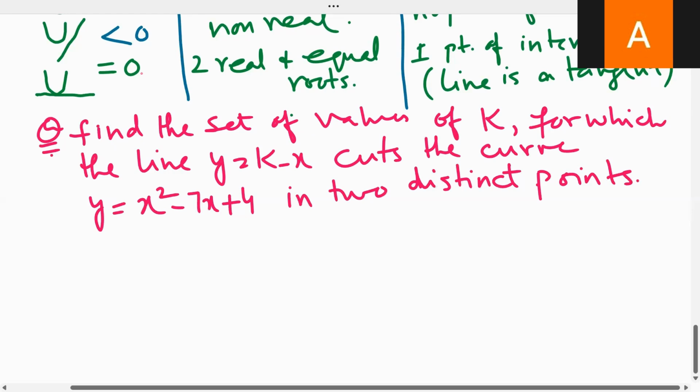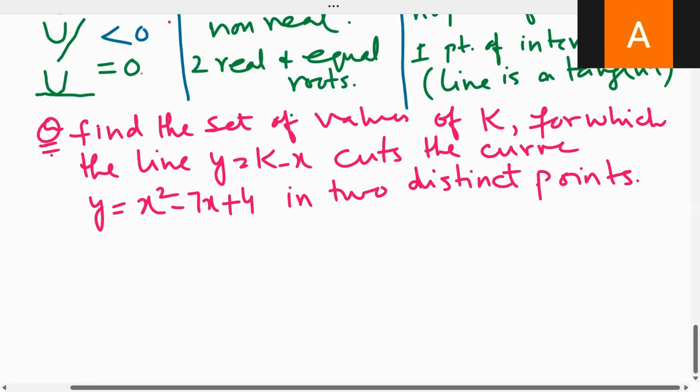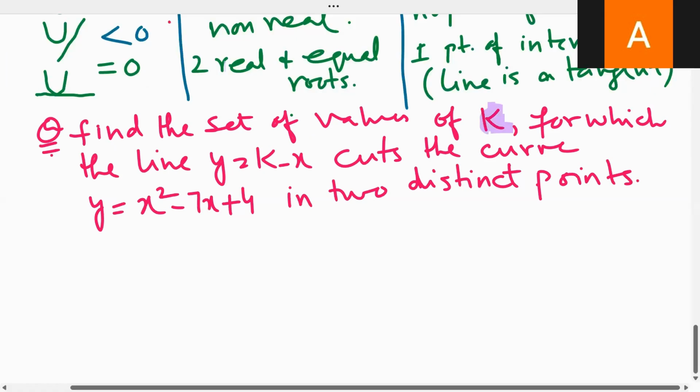Now read this question carefully. You have to find the set of values of k, the missing value, for which the line cuts or intersects the curve.